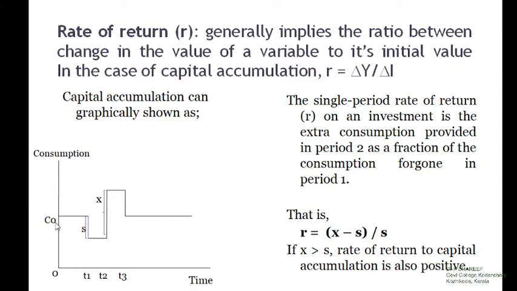And C0 represents the level of consumption. The level of consumption is horizontal to the x-axis except at the points T1 and T2 and again at T3.